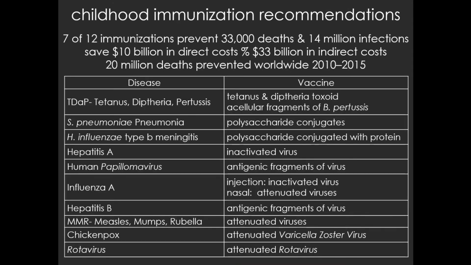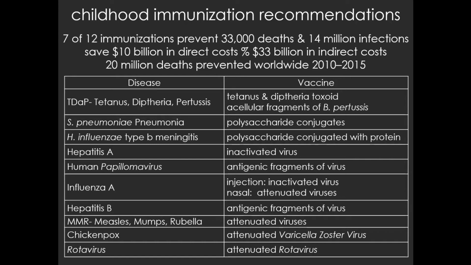The current childhood immunization recommendations in the United States involve 12 immunizations for diseases such as tetanus, diphtheria, pertussis, Streptococcus pneumoniae pneumonia, Haemophilus influenzae B meningitis, hepatitis A, human papillomavirus, which can cause cervical and pharyngeal cancer, influenza A, hepatitis B, the measles, mumps, rubella immunization, chickenpox, and rotavirus.